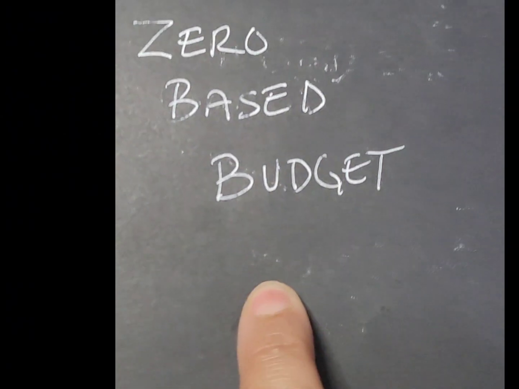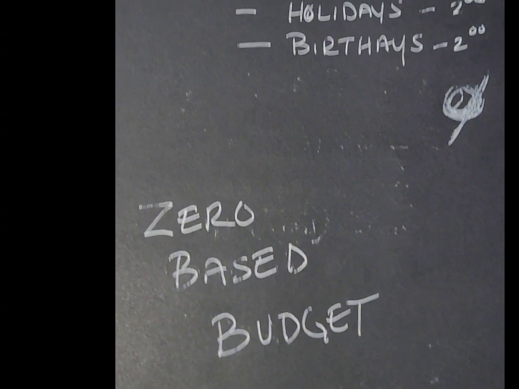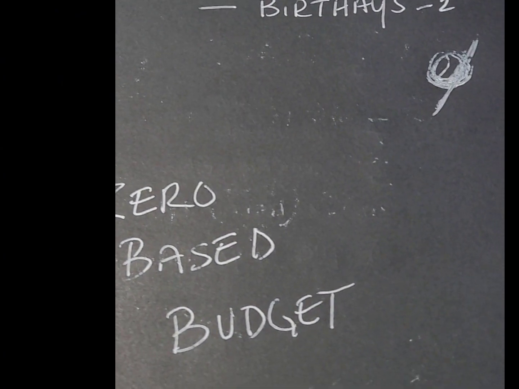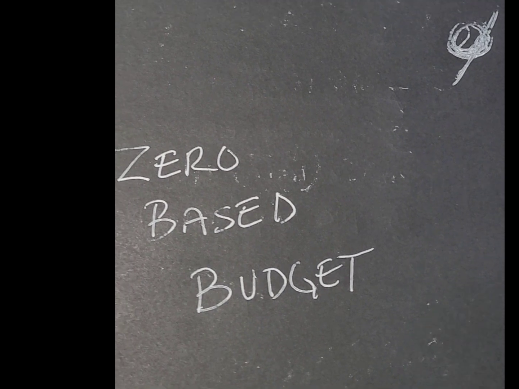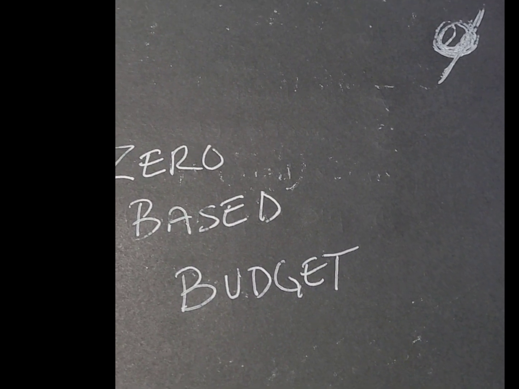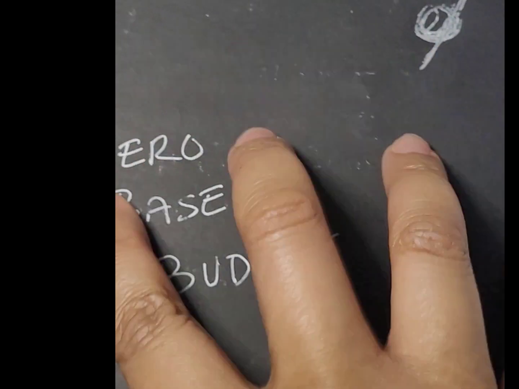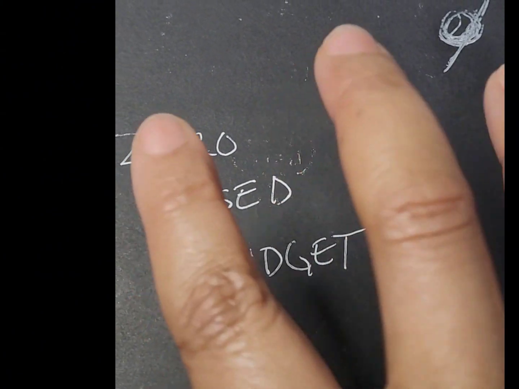That's what this is called, a zero-based budget. And that is how I do my bills. So if that's something you want to go back and take in, that would be great. This is how I come up with the amounts that I will be using.